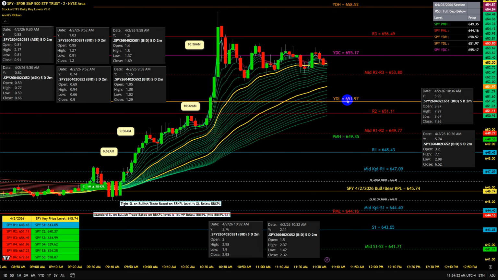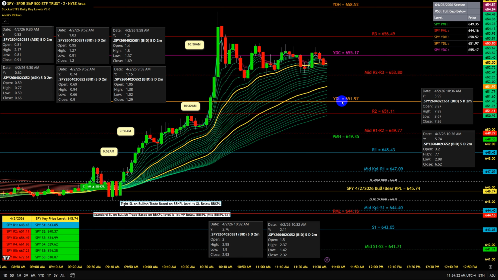The R2 level also makes sense because it is somewhat in confluence with the YDL, and a two-level move from the bull bear KPL is also the minimum ideal move. So since it is situated before the YDL, it also makes sense in this particular session for this particular market scenario.